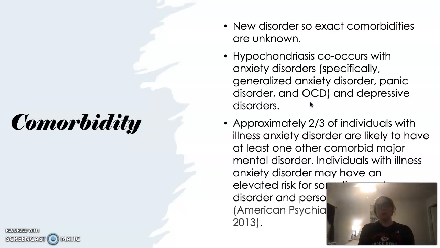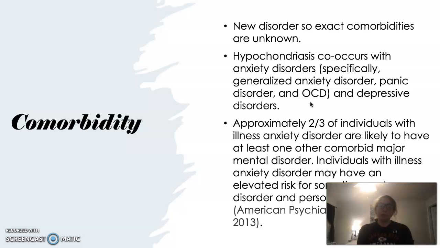Comorbidity. So this is a new disorder, so exact comorbidities aren't known yet. But we can look at hypochondriasis, and that typically co-occurred with anxiety disorders, and in specific, that's generalized anxiety disorder, panic disorder, and OCD, and it also is comorbid with depressive disorders.